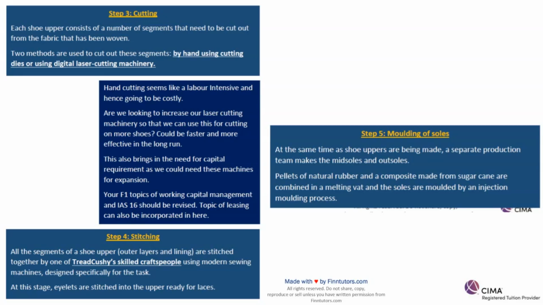After the cutting part is the stitching part, step 4. Now all of the segments of a shoe upper are stitched together by one of TreadCushy's skilled craftspeople. So even after the cutting process, which is labor intensive, the stitching process is even more labor intensive, where skilled craftspeople using modern sewing machines designed specifically for the task stitch these layers and linings together.